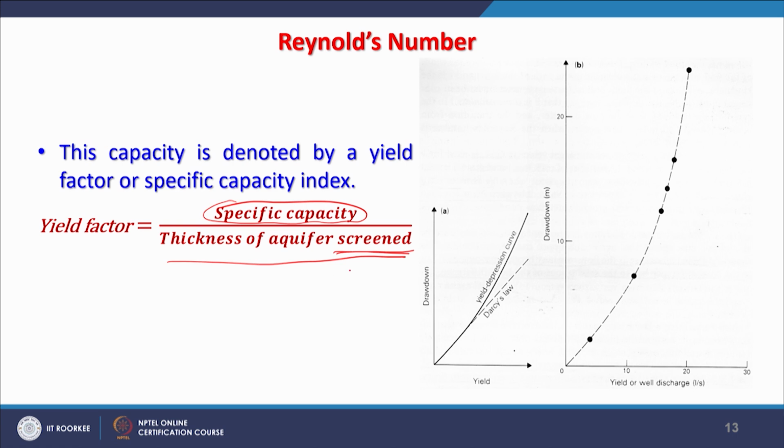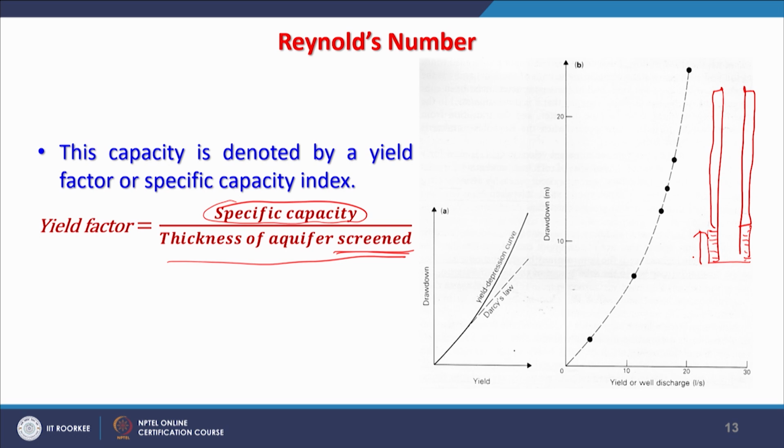Screened means if there is a well, the top part of the well you might have completely with pipes which do not allow water to go, but here you might have screens. So, that is the thickness which is counted, that screen part. So, the thickness of this aquifer screen is what will be here.